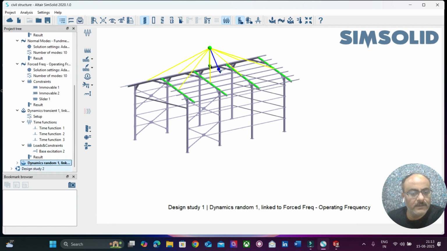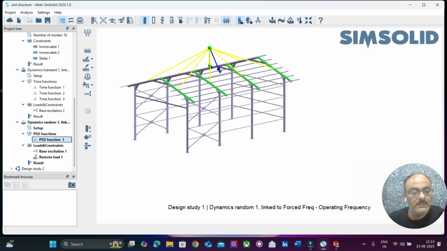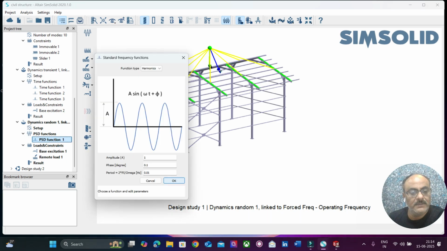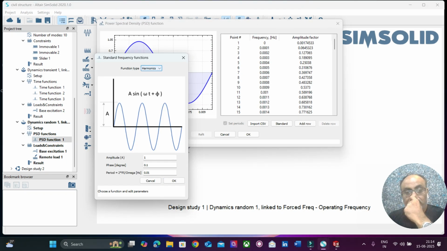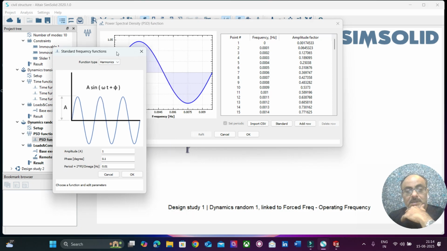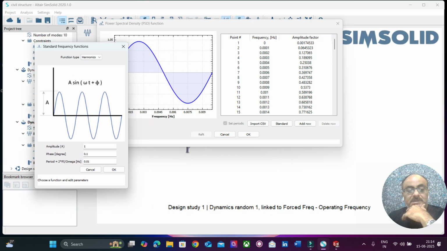And then now we focus on the random vibration part. Okay, so we assume that the structure is going to randomly vibrate. So we are defining a power spectral density. Yeah, so this is how we are giving a harmonic load, and the harmonic load is given with an amplitude of 1.